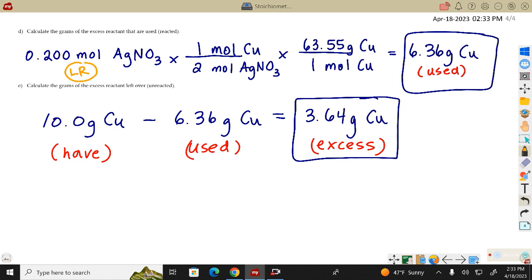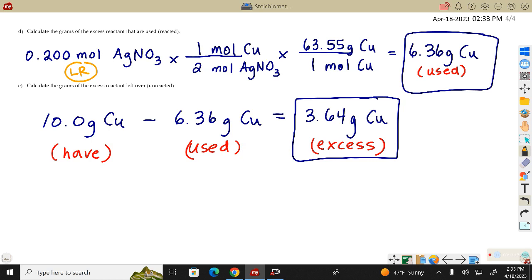I'm going to use the ratio between silver nitrate and copper to get over to moles of my excess reactant, that's the copper, and then we'll turn it back into grams. So that's 63.55, that's just the molar mass of copper from my periodic table. Now this is the amount of copper that gets used, the amount of copper that gets reacted.